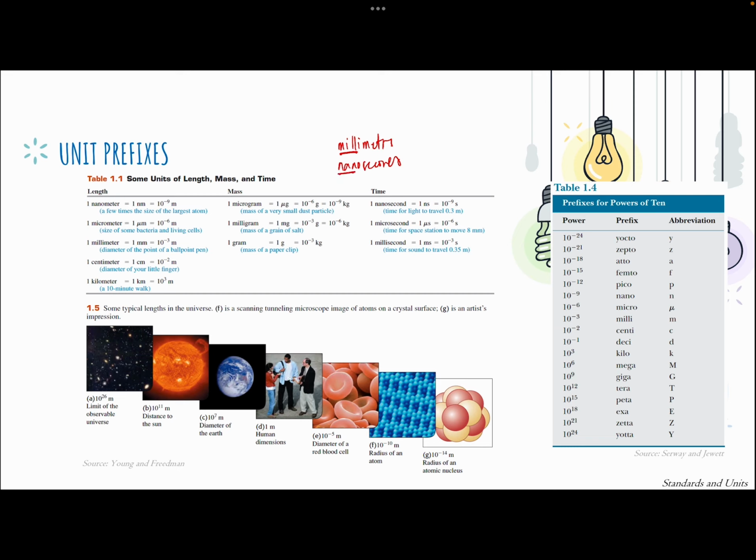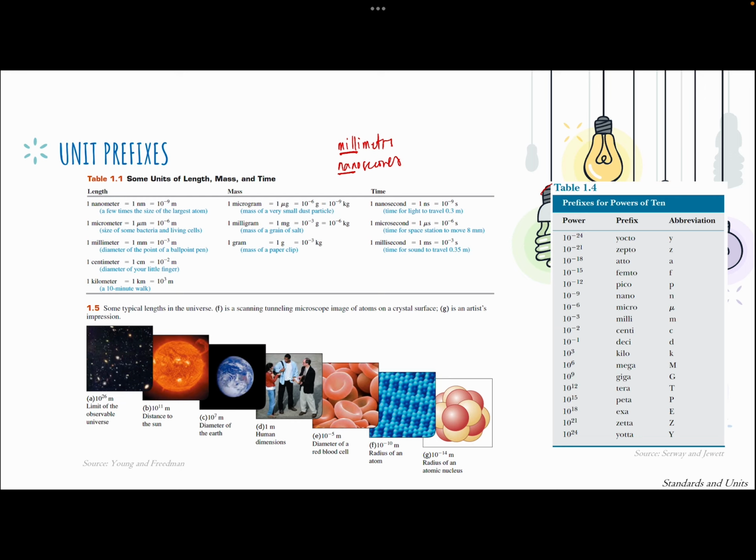These are multipliers of the basic units based on various powers of 10. And these prefixes for the various powers of 10 and their abbreviations are listed in this table.